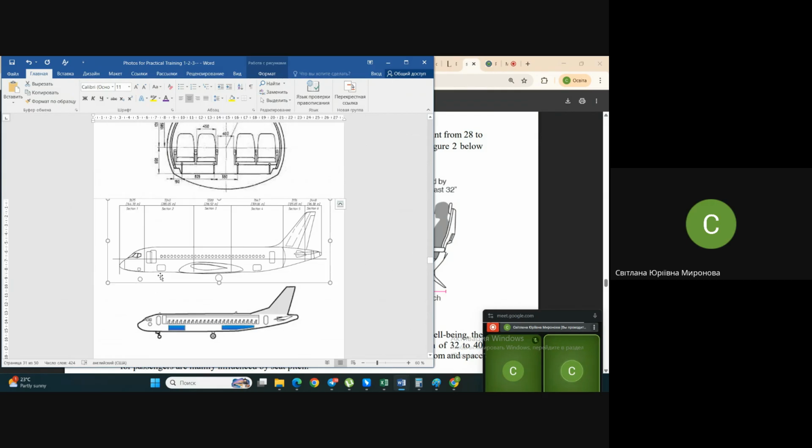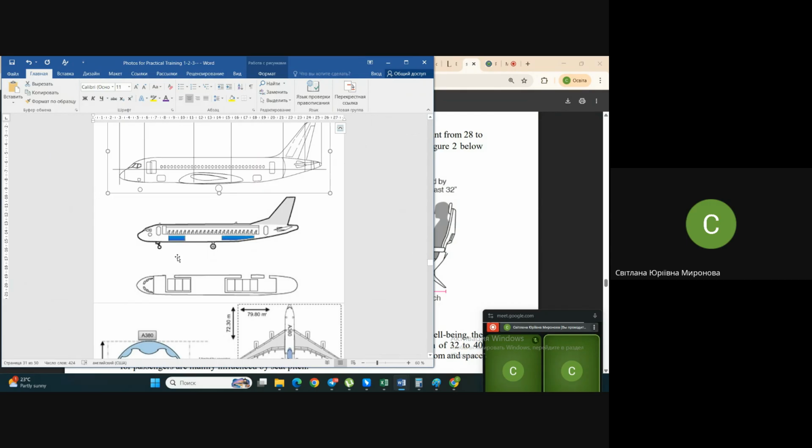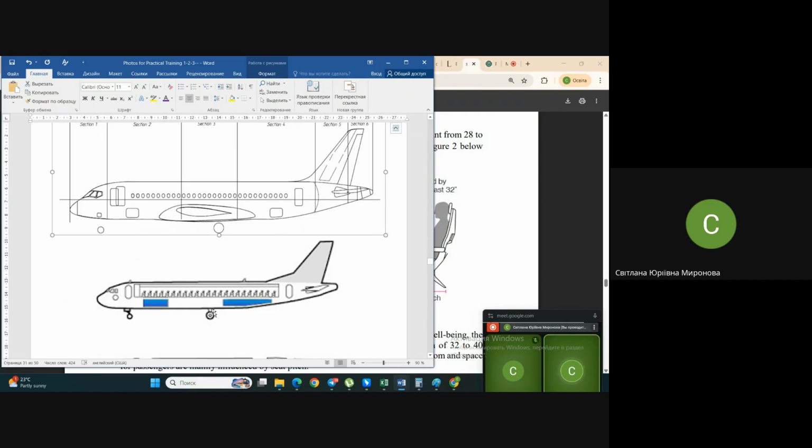What do I mean? Once again, I remind you. Here is an explanation of where to hide luggage, and pay attention: luggage is hidden somewhere in the nose, or not far from the nose, and somewhere under the rear portion of the fuselage, but not in the middle. Why?